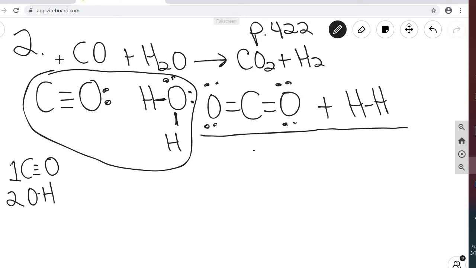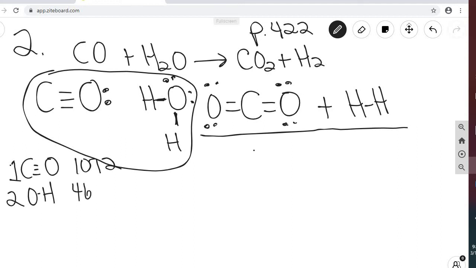If you look at your chart, the energy associated with the triple bond is 1072, and the OH bond is 460, but we have two of those.